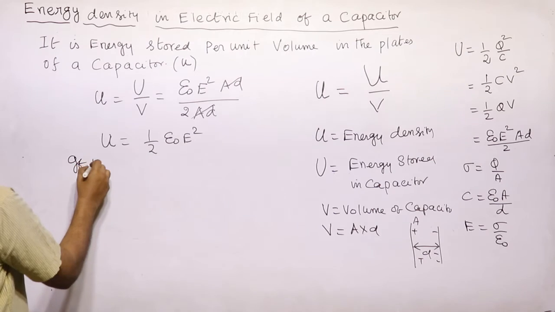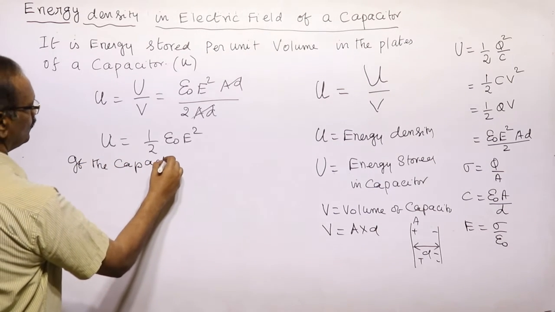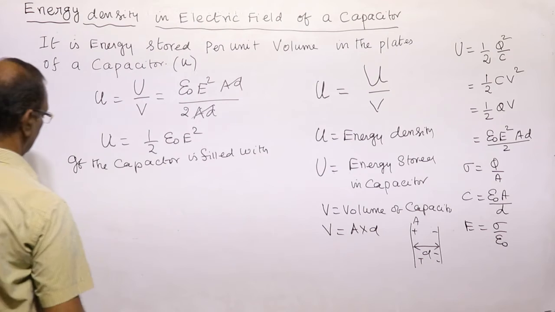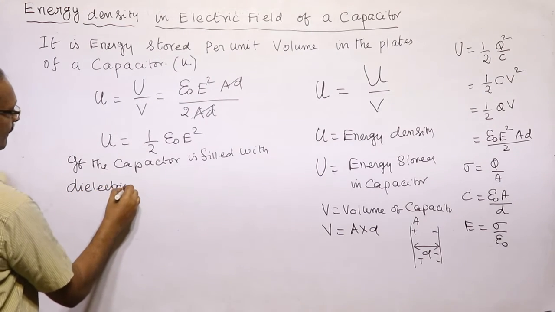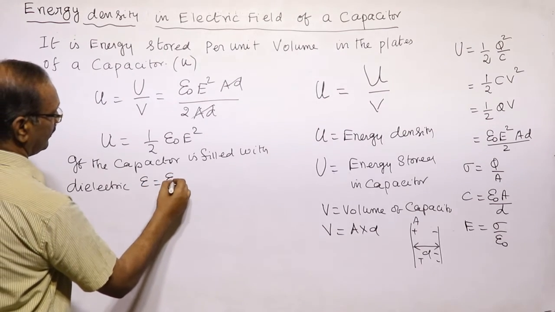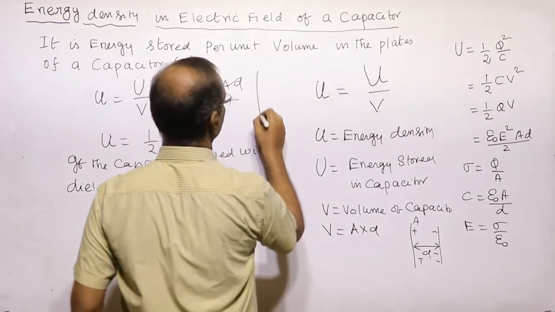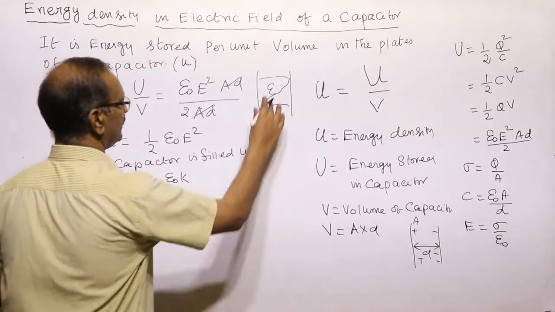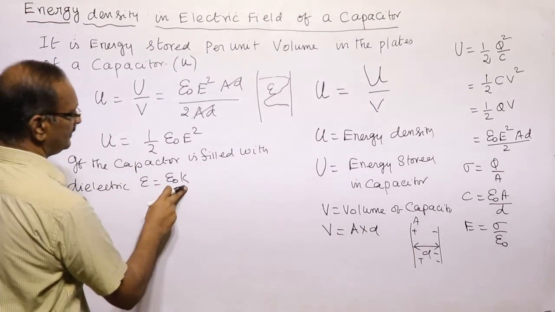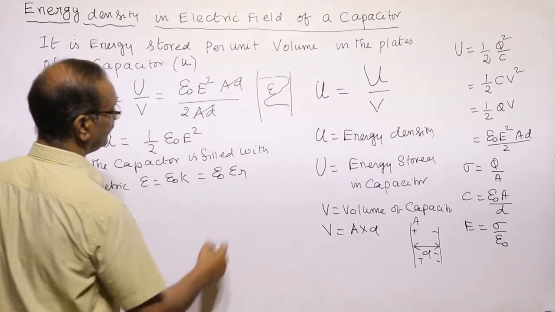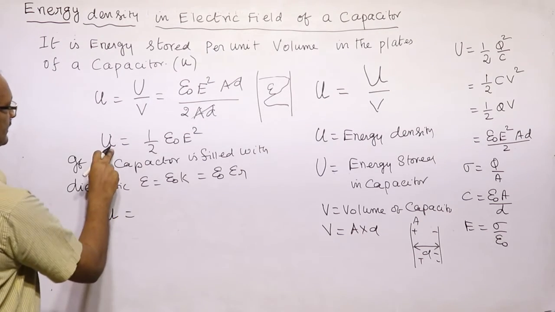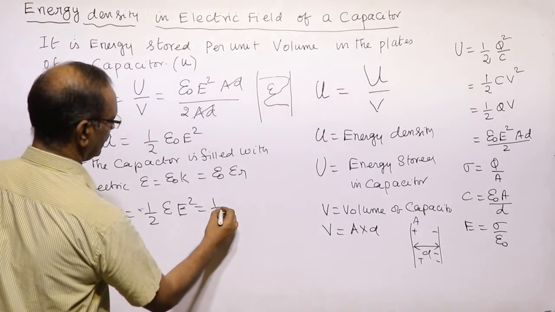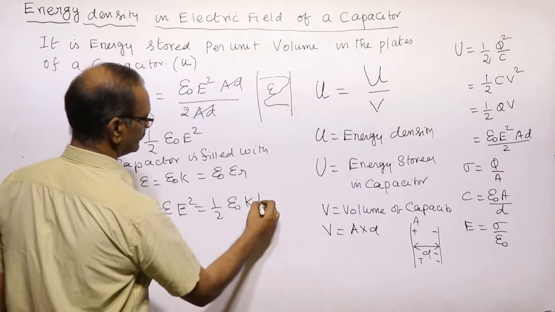If the capacitor is filled with a dielectric, then epsilon is equal to epsilon naught into K. It means that between the plates, other than air or vacuum, if it is filled with a dielectric whose permittivity is epsilon, equal to epsilon naught into relative permittivity K, then small u, that is energy density, is equal to half into epsilon into E square, which is half into epsilon naught into K into E square.